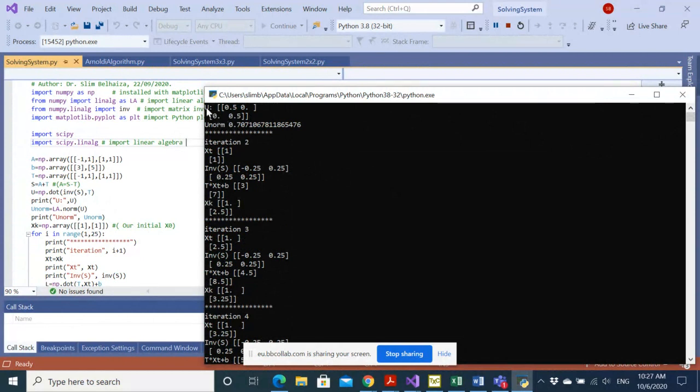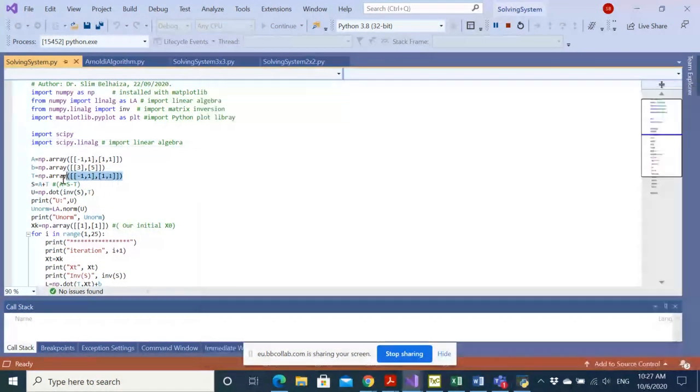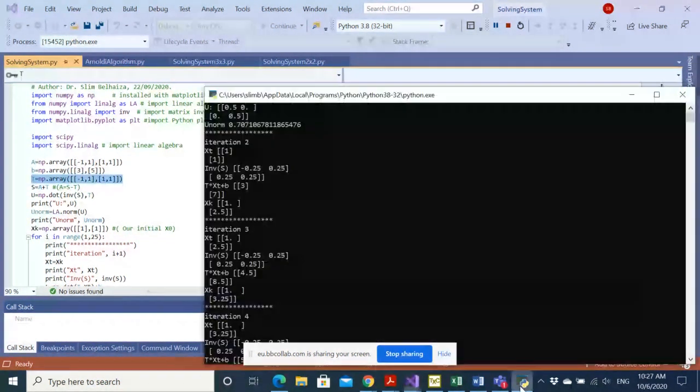For instance, in that 2 by 2 case, I made this separation where T is equal to negative 1, 1, 1, 1, and I obtained the matrix S, and S inverse times T gives you this matrix, and you see the norm is less than 1. So I'm pretty sure from this setting that I will converge quite fast.